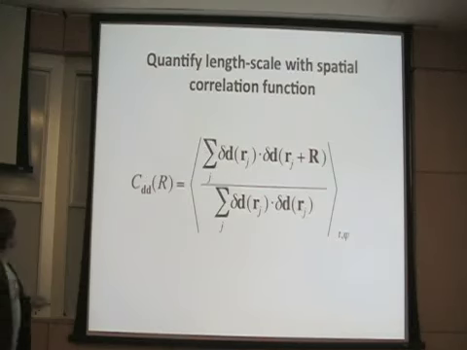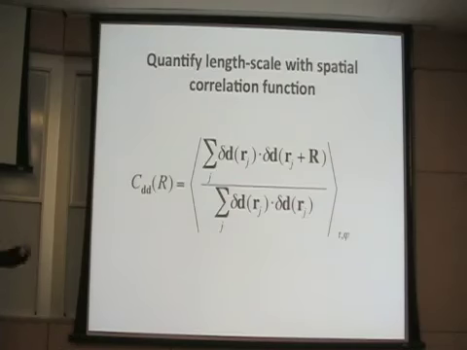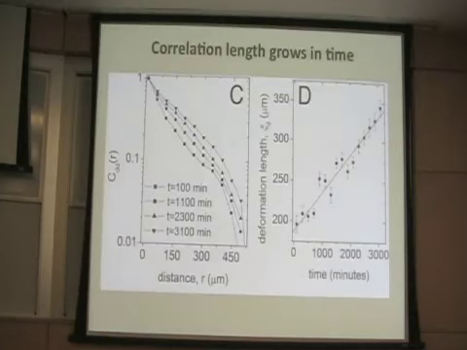To get a length scale out of this, we just calculated a correlation function, something similar to what we heard about yesterday. We take a displacement at one point and dot it with a displacement some distance r away, and then you average this over all orientations and over all times throughout the data set. That gives you a 2-point correlation function that's sensitive to changes in orientation and displacement.